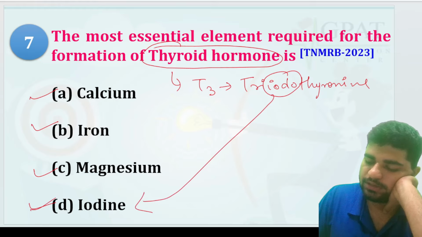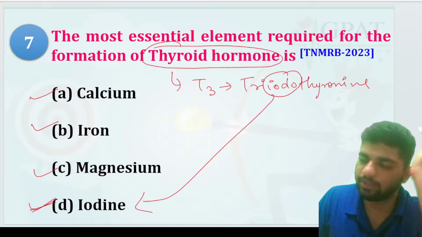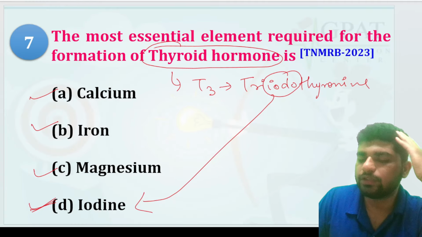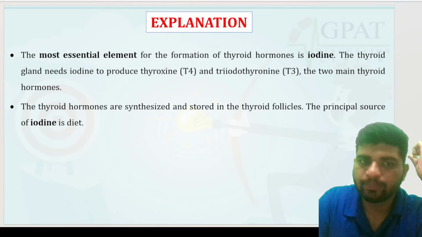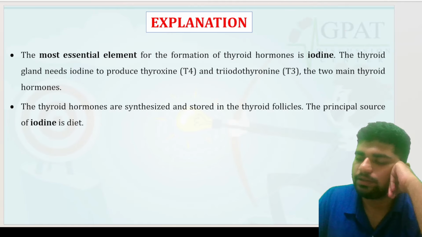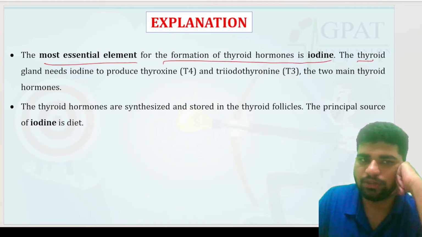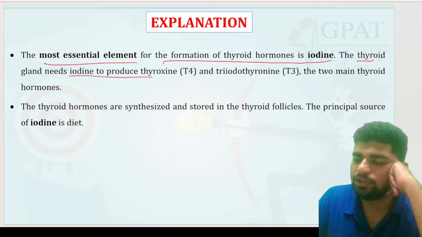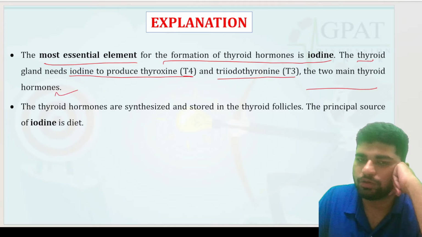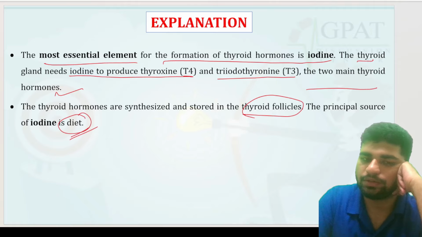So iodine is the correct option. The thyroid gland needs iodine to produce T4 and triiodothyronine, the two main thyroid hormones, which are synthesized and stored in the thyroid follicles. The principal source of iodine is diet.